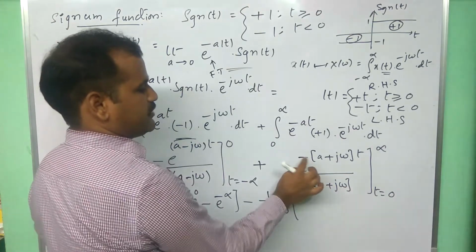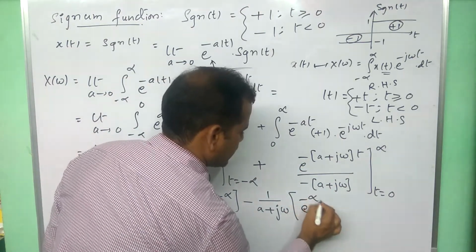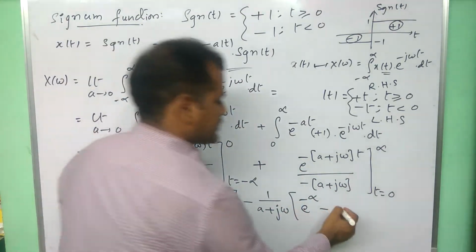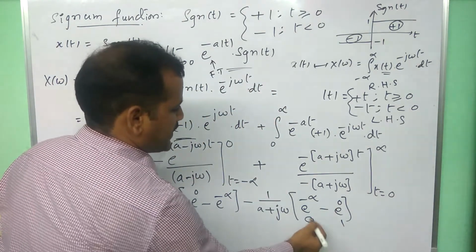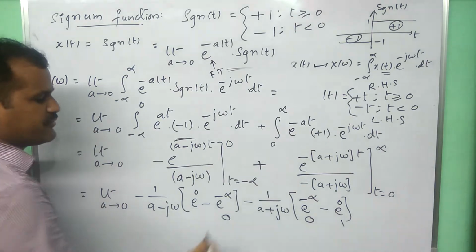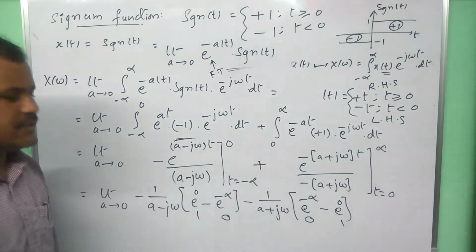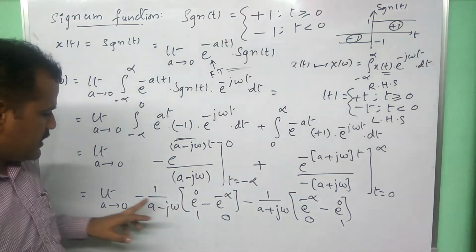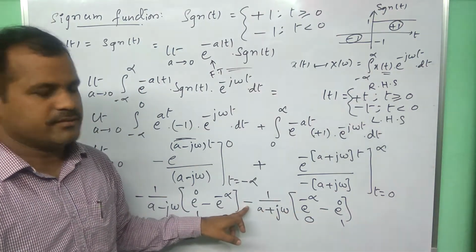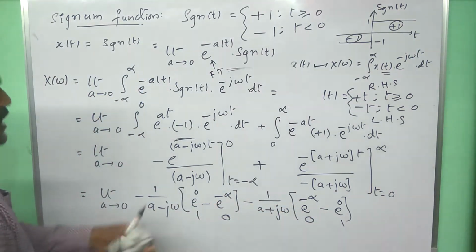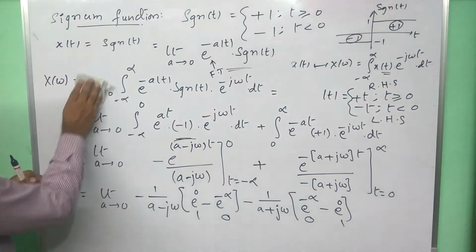This is positive quantity, so e to the power of minus infinity first, upper limit, and next lower limit e power 0. We know e power 0 is 1, and e to the power of minus infinity is 0. Finally, minus into minus gives plus sign. For further simplification, I am taking the space here, just erasing these two steps.